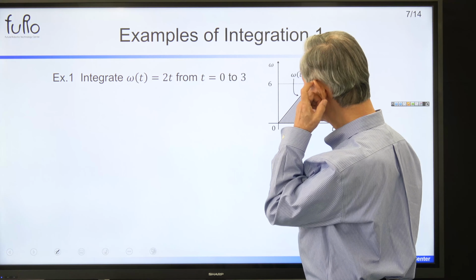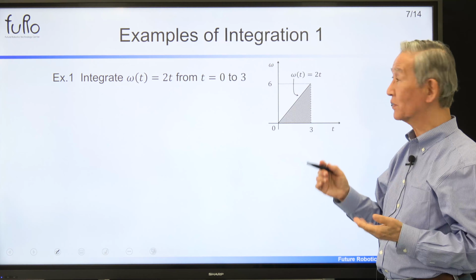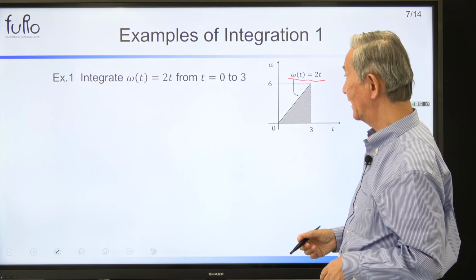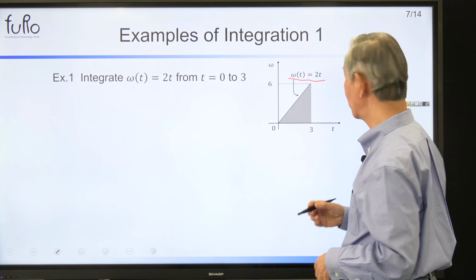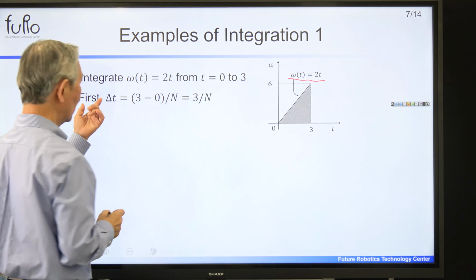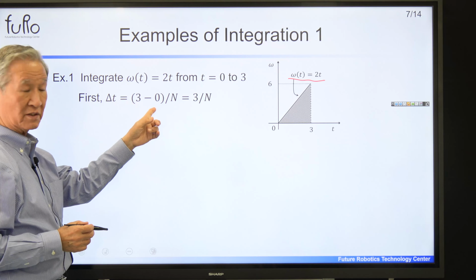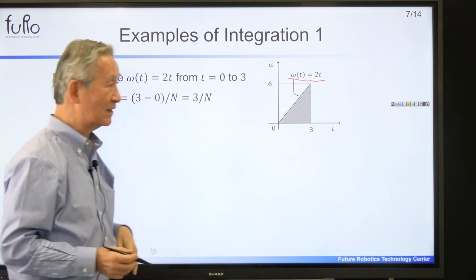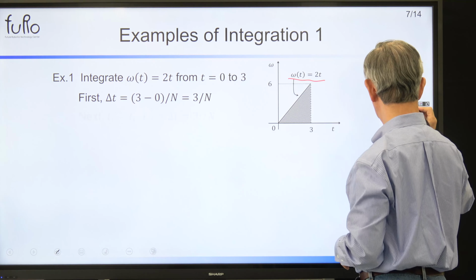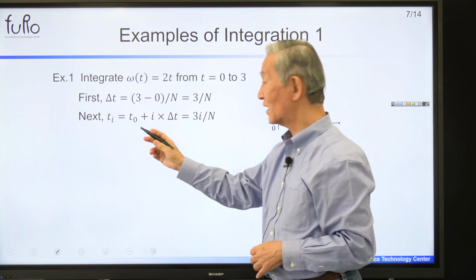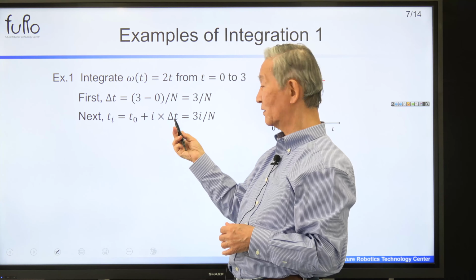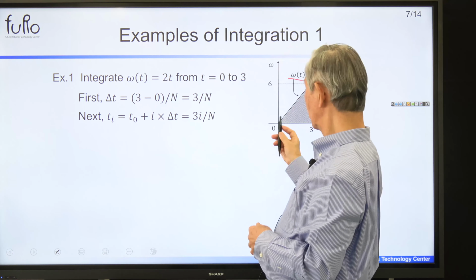All right. So now, examples. Let's start from a simple one. Omega of t is equal to 2t, and integrate from 0 to 3. If you look at delta t, it is 3 minus 0, that is tf minus t0, divided by n, so 3 over n. And then ti, the positions, is t0 plus i times delta t. And t0 was 0.